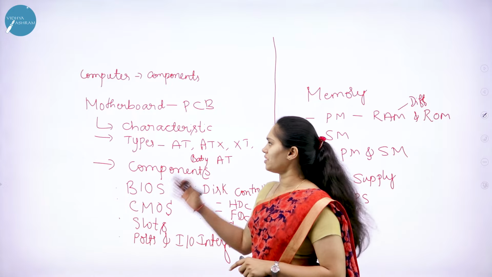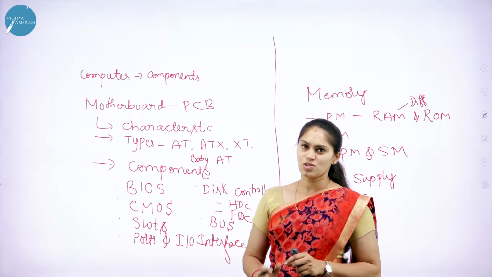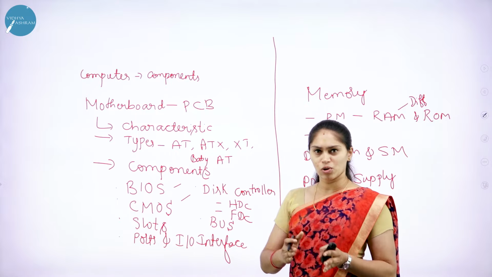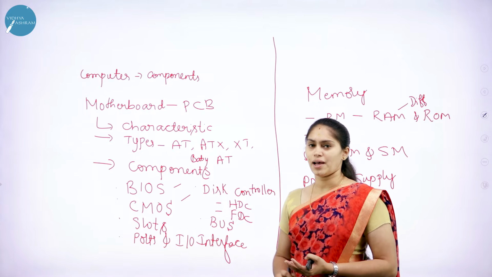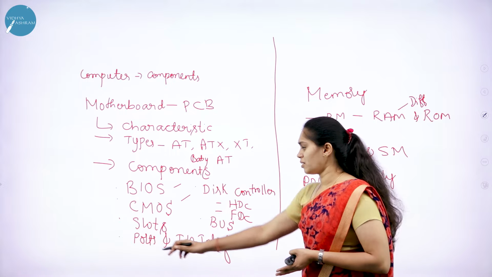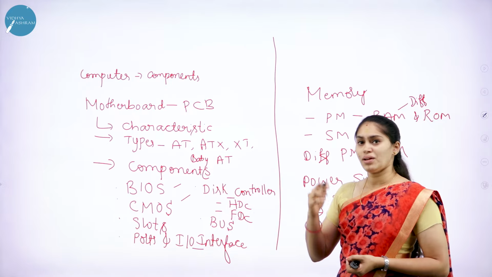These many topics that we have in chapter 1, you have to concentrate on all the components of a motherboard. You have to concentrate on the usage of BIOS and CMOS, what you mean by slot, what types of slots we have, the working procedure of each slot, the use of having the ports, the use of having the disk controller, and what you mean by bus.